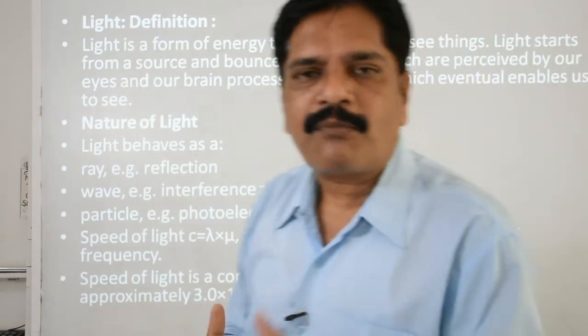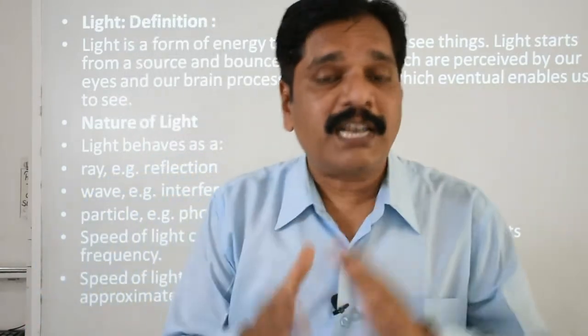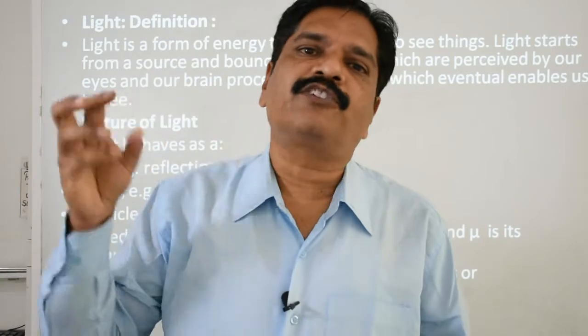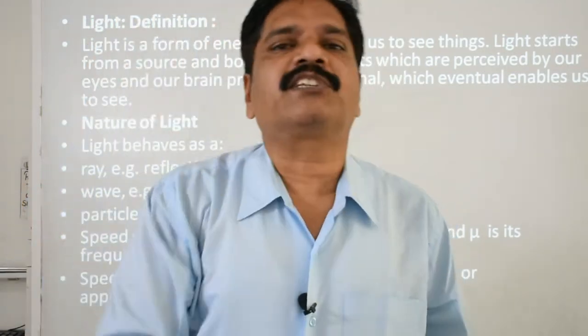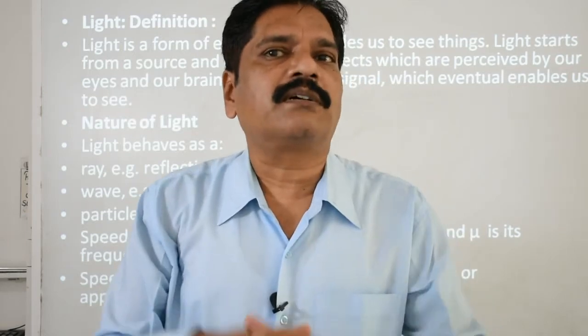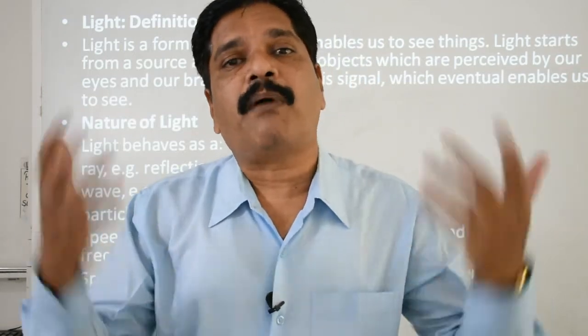What is the mechanism of seeing anything? First of all, a source of light is compulsory, from which the light comes and strikes that surface or object. When this light falls on it, it bounces back.